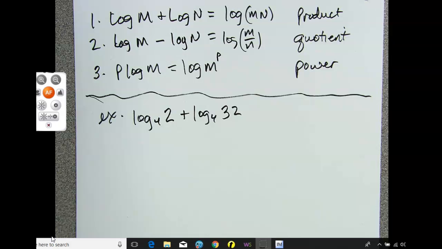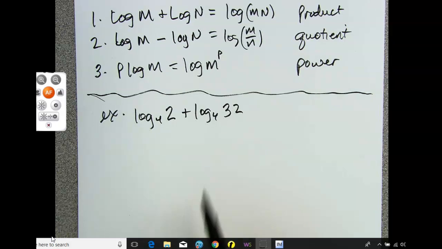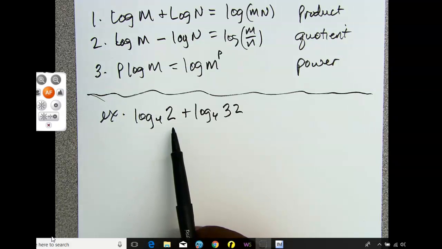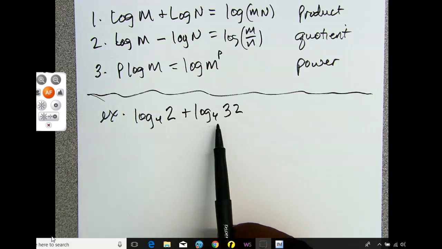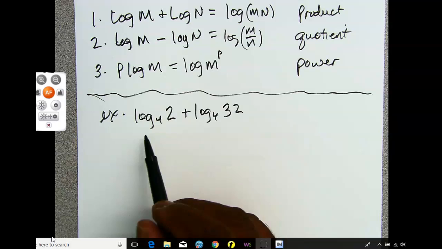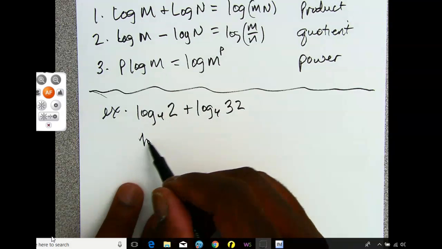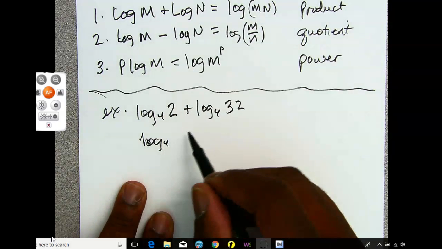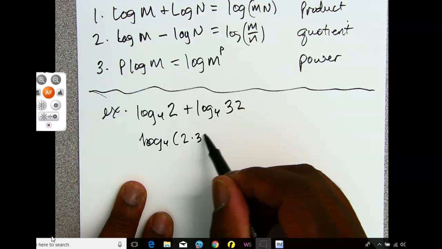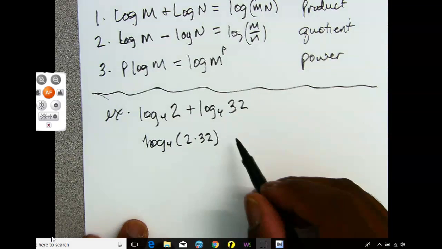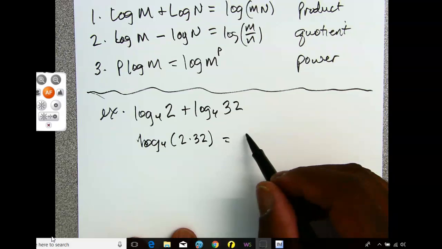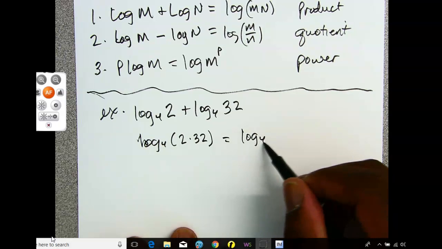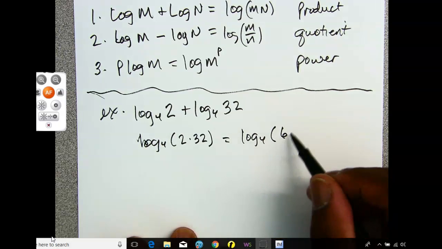But if we condense this, we see that I could use the product property of logs. Same base, so this would be log base 4 of 2 times 32, which is the log base 4 of 64.